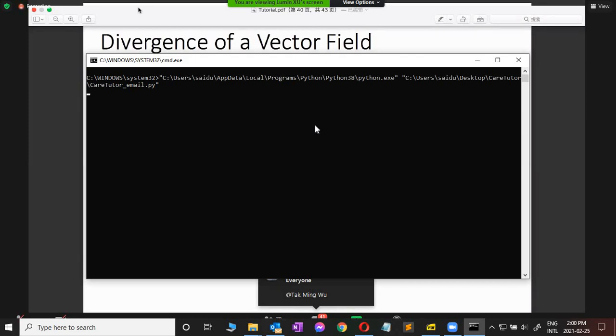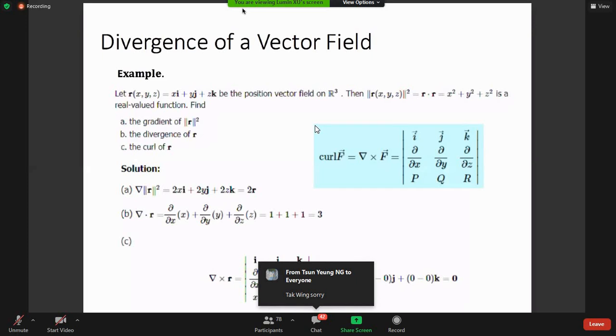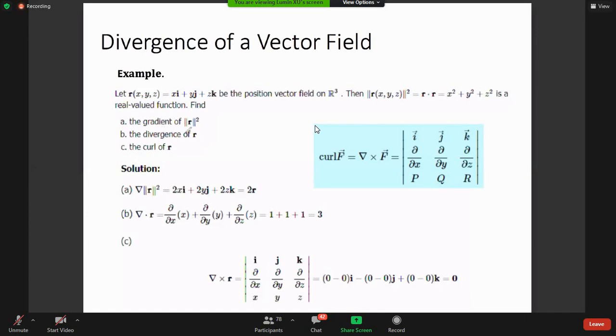Okay, let's look at the last example. So the first question asks us to calculate the gradient, and so according to the definition, we should first calculate partial f, partial x, which should be 2x, and partial f, partial y, 2y, and partial f, partial z, 2z.